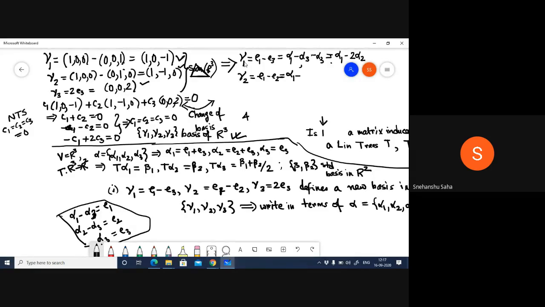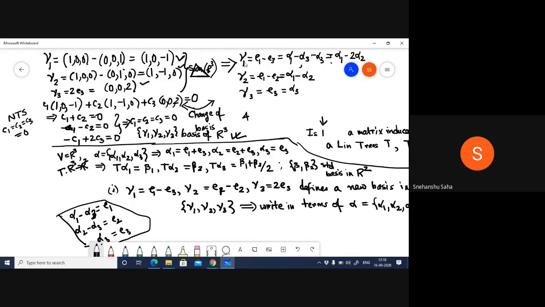So it's simple and straightforward to see. And gamma 3 we already know. Gamma 3 is E3, and E3 is nothing but alpha 3. So we are able to express gamma 1, gamma 2, gamma 3, this new basis, in terms of the basis vectors alpha 1, alpha 2, and alpha 3.